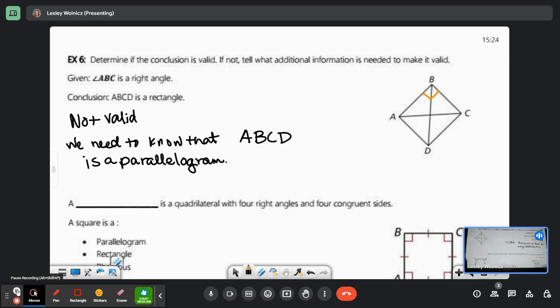Alternatively, if we knew that the other interior angles were 90 degrees, we could say that it was a rectangle. So we either need all four, or we need to know it's a parallelogram if we only have one. Got it? Okay. All right.